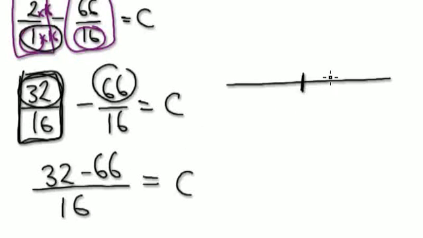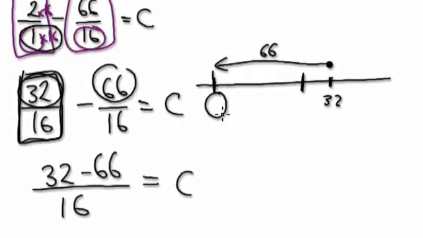Well, you start at 32, which is let's just say it's here, and then you go to minus 66. So let's say this is 66 here. So you want to know where you are at this point here. If you think about it, from here to here is 66 long, and from here to here is 32.